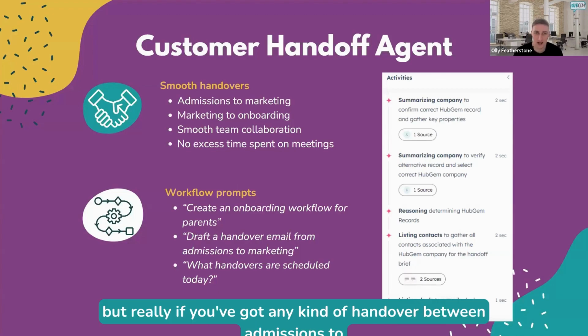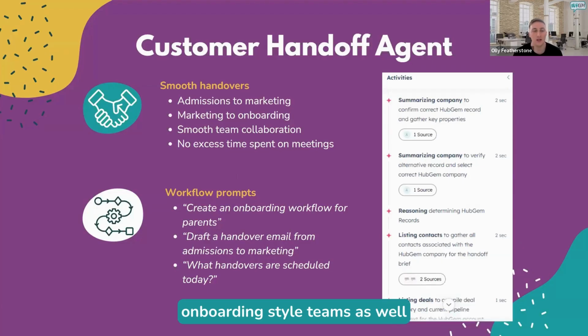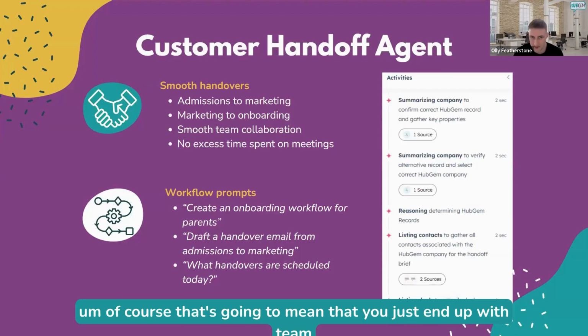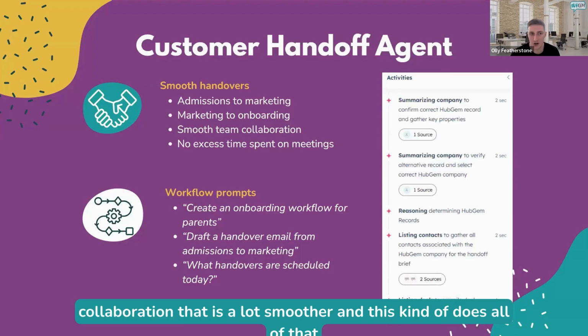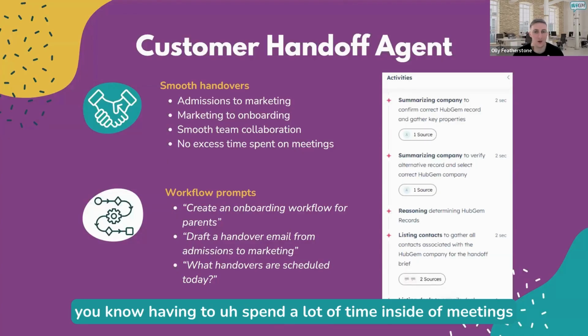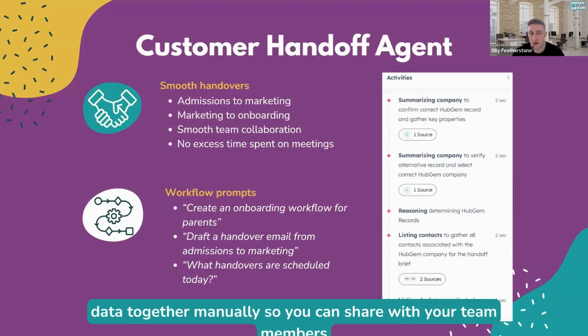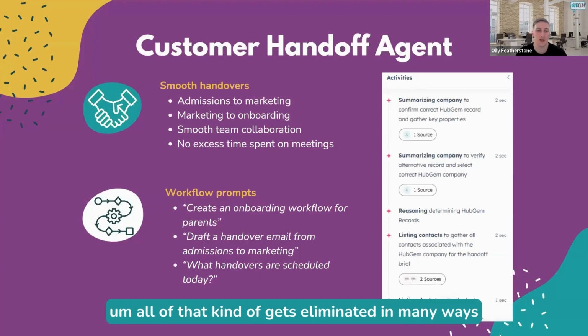But really, if you've got any kind of handover between admissions to marketing, any marketing teams that hand over to any onboarding style teams as well, of course, that's going to mean that you end up with team collaboration that is a lot smoother. This does all of that work for you, and you just do that handover rather than having to spend a lot of time in meetings, having to summarize or pull all of that data together manually so you can share with your team members as well. All of that gets eliminated in many ways here.